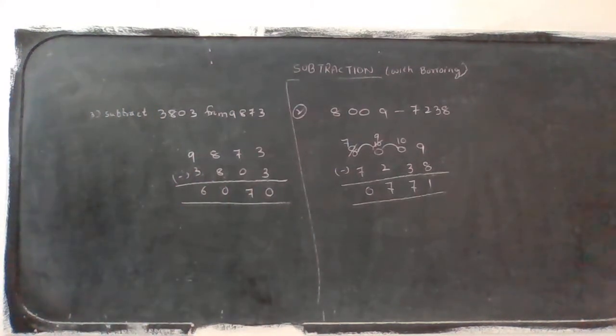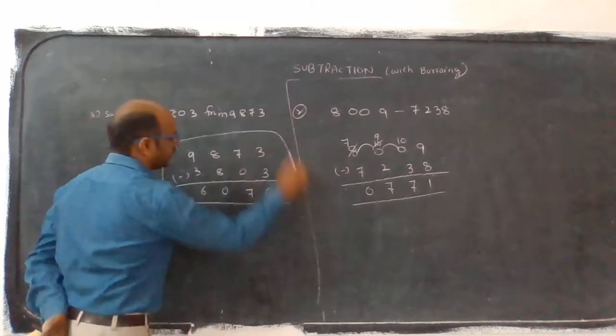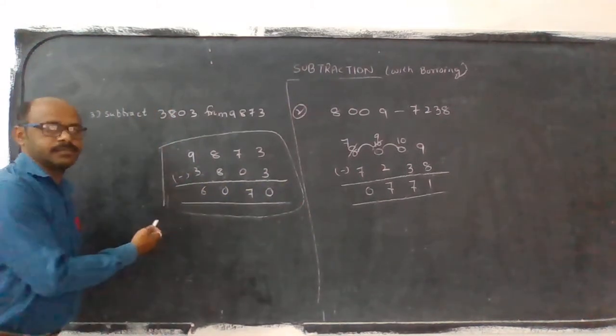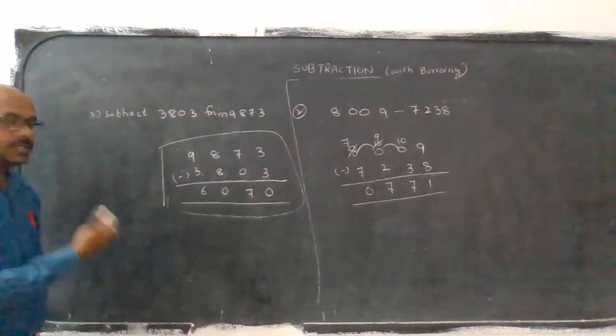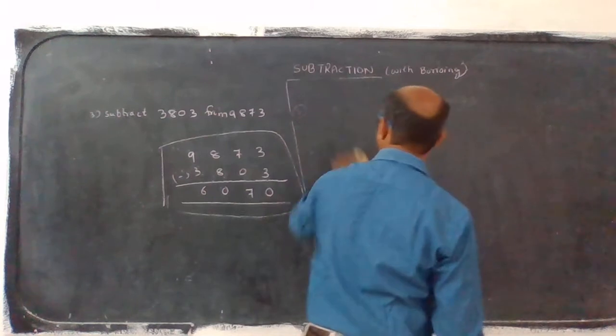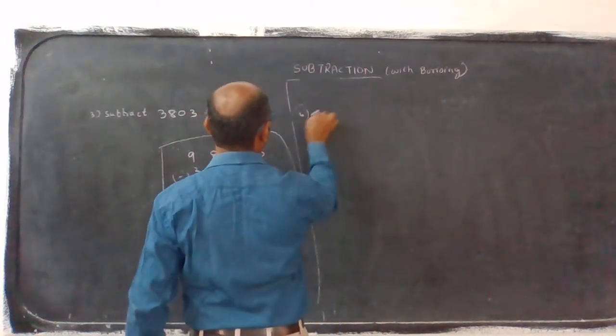Direct numbers. In this process, is any borrow there? No borrows. Direct. Okay? See, easy. But if you are taking a borrow, how will it be?